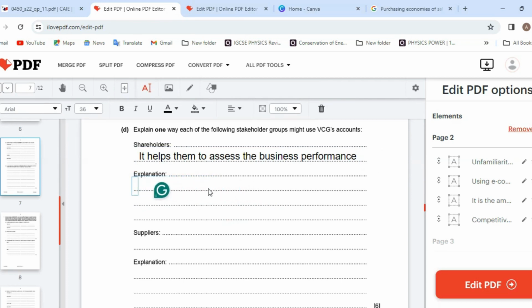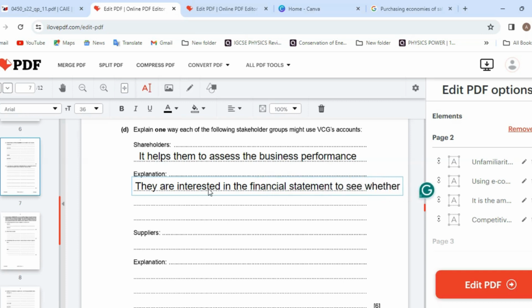Let's say they are interested in the financial statement to see whether they will receive a dividend on their investment from the manufacturer.